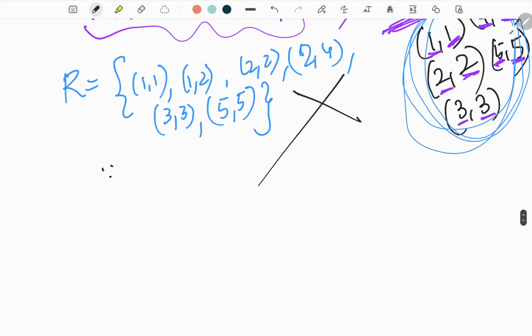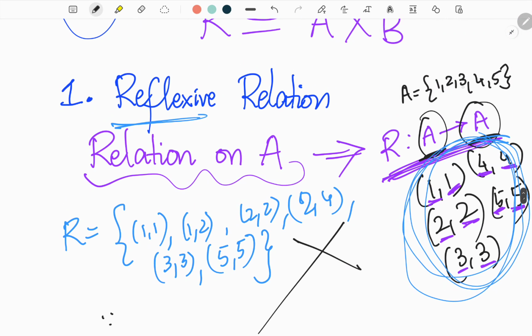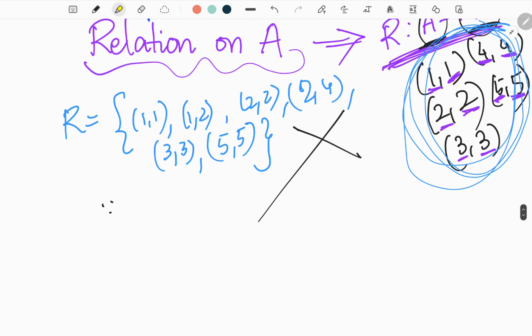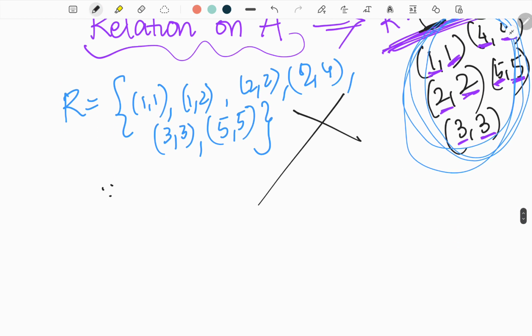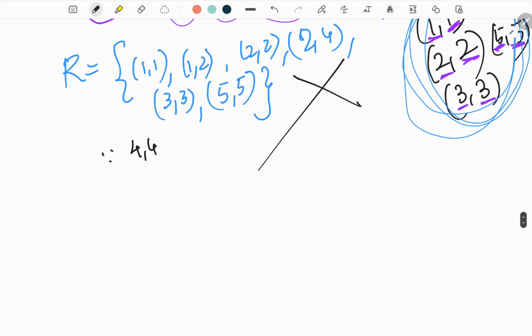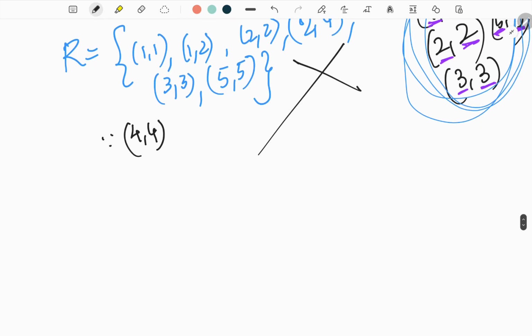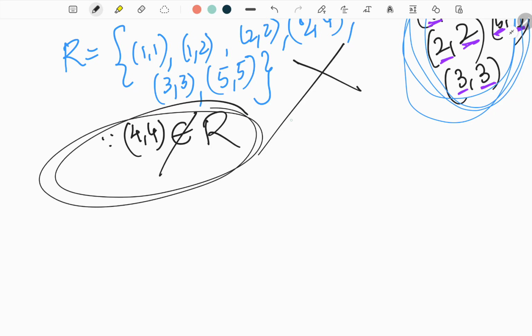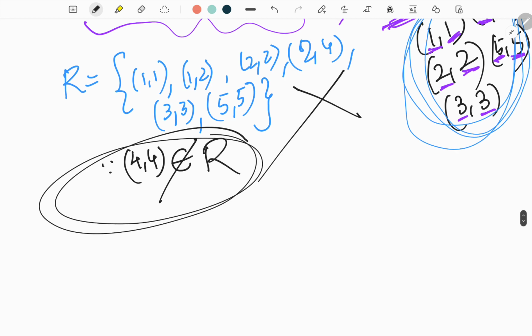Why? Because in the set A you have the element 4. So the ordered pair satisfying the reflexive condition for the element 4 is 4 comma 4, and this ordered pair 4 comma 4 is not present in the relation. So as a result, the relation is not reflexive.